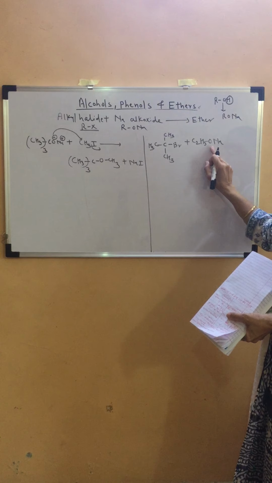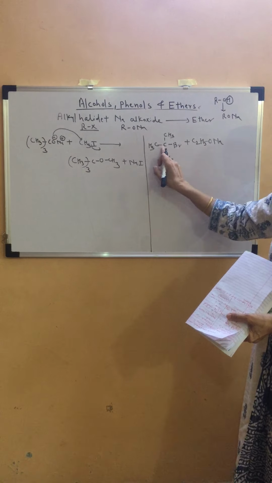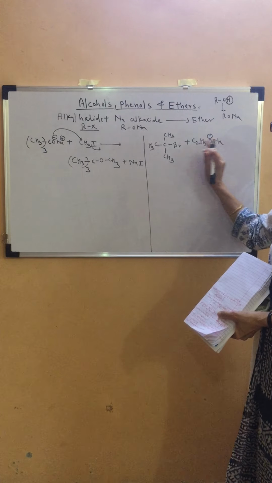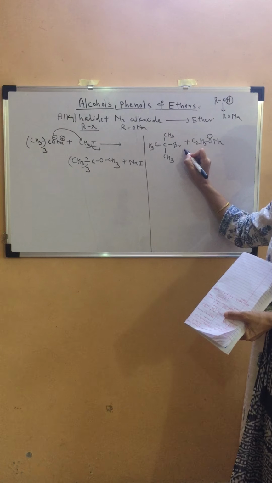Okay, now this is going to attack this carbon atom, isn't it? This C2H5O minus nucleophile is going to attack this carbon atom and Br will leave, isn't it?